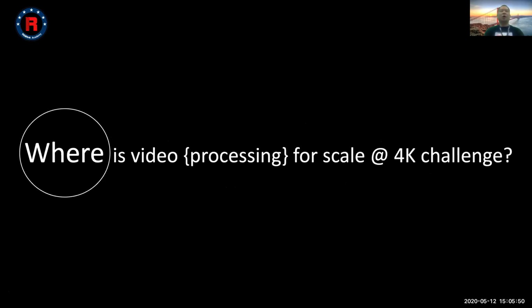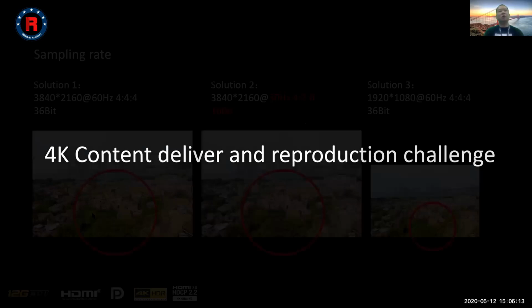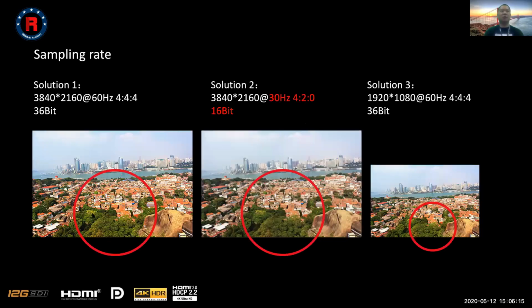If we are on the same page about the 4K content resolution, let's go forward to find where the video processing for scale at 4K challenge is. Where is the challenge? Firstly, it is the 4K content delivery and reproduction challenge. How will the 4K content be delivered?